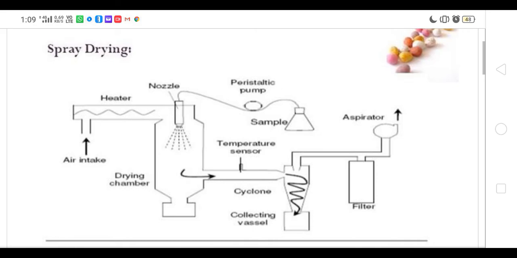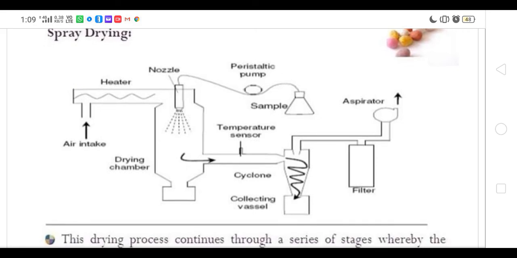Spray drying is again one of the techniques for preparation of pellets, in which air is supplied and the material to be sprayed is pumped through a peristaltic pump and sprayed into the spray drying chamber.